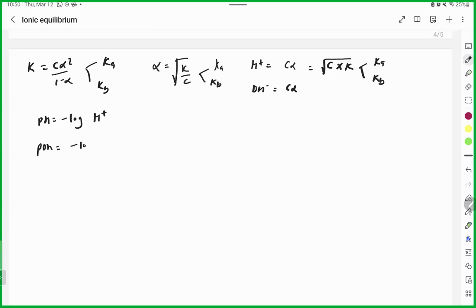POH is equal to minus log OH negative concentration. Correct? Method is same. Overall, pH is 1 by 2 pKa minus 1 by 2 log C. Same here, POH is equal to 1 by 2 pKb minus 1 by 2 log C. Correct?